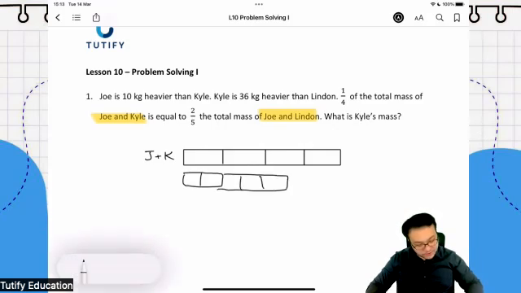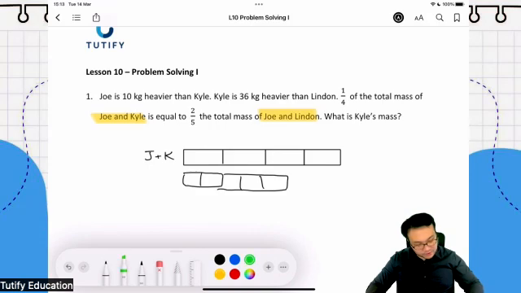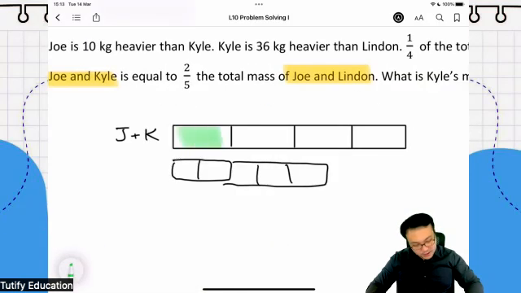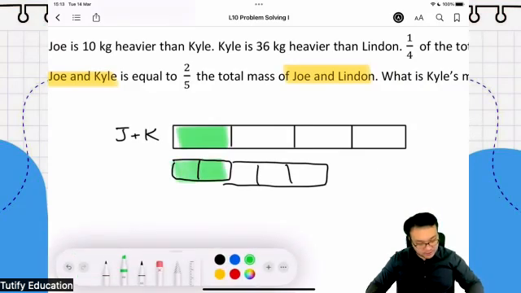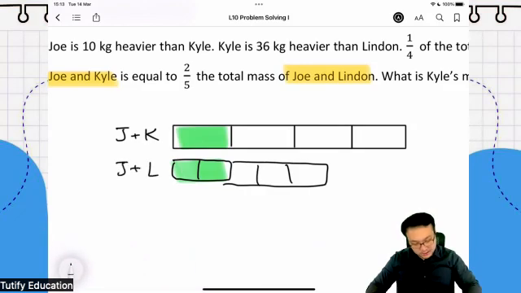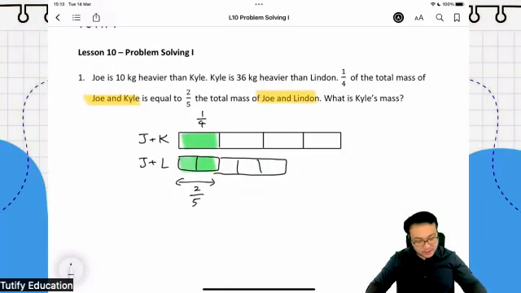Okay, this is 2/5. So students, if you observe, 1/4 here, Joe and Kyle, is equal to 2 out of 5 of Joe and Lyndon.